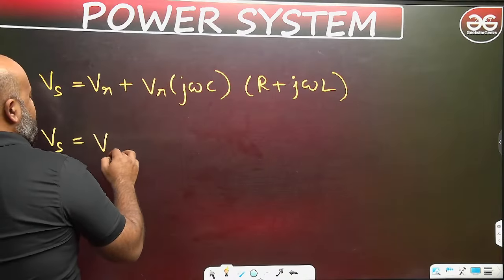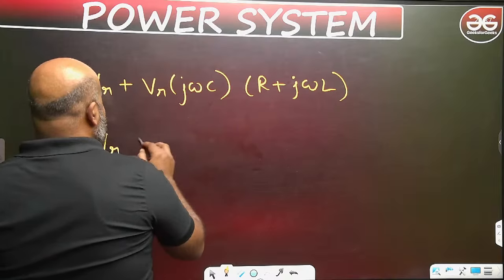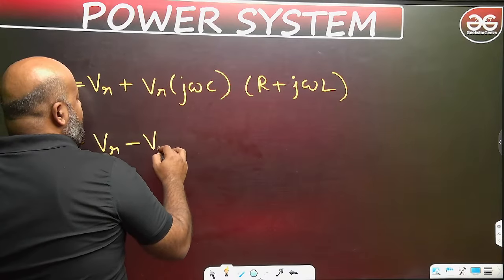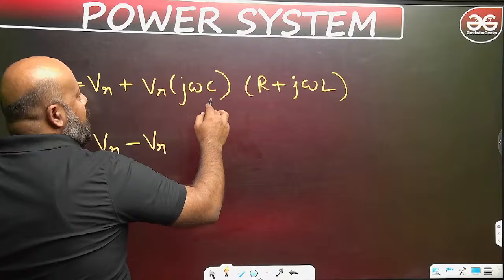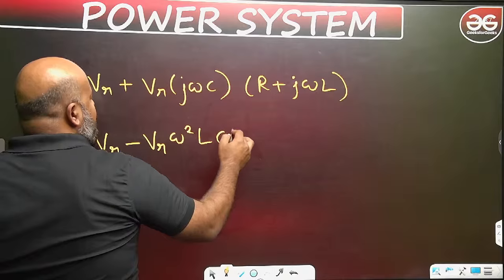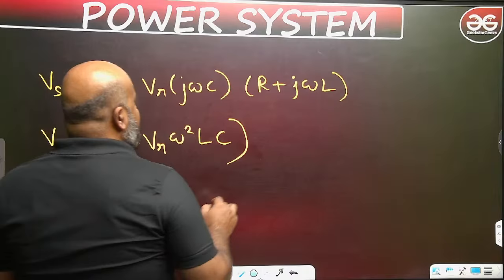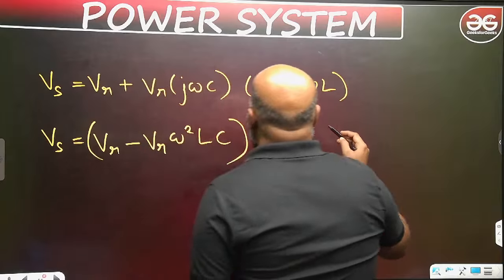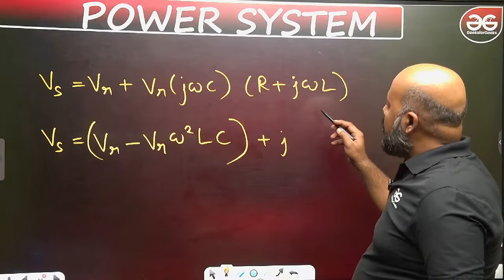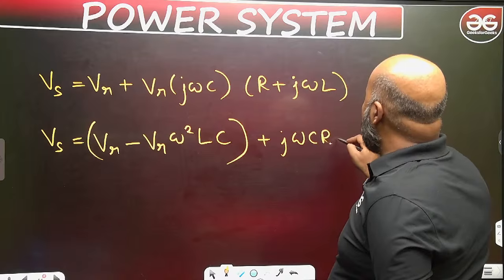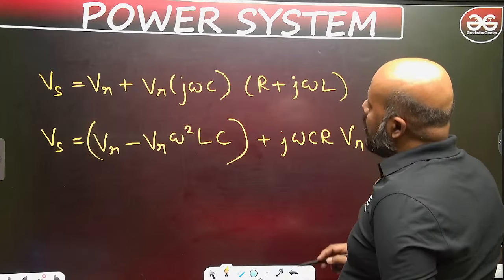So it becomes Vr, and if you multiply it, j squared becomes minus, so it is again Vr minus omega square LC Vr, plus we are getting j omega C R Vr.